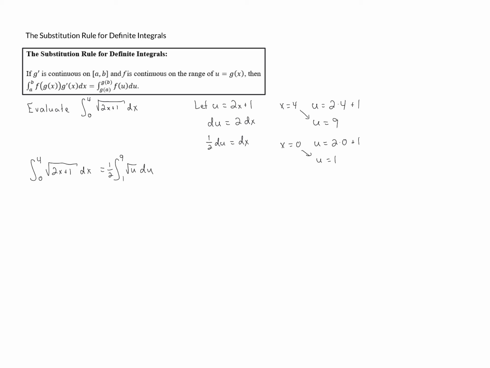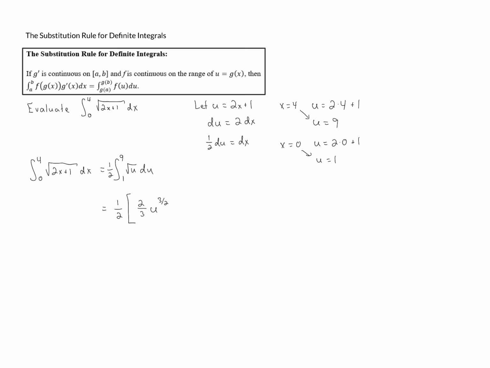And once we've rewritten everything in terms of u, including the limits of integration, then we can go through and take that integral. So we're going to keep that 1/2 out front, and then the square root of u is the same as u to the 1/2, and we know the integral of that is u to the 3/2 over 3/2, which is the same as 2/3 u to the 3/2.